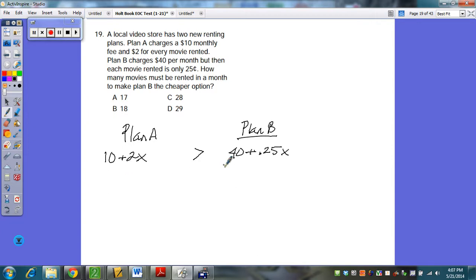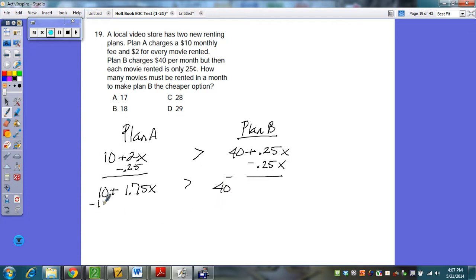Okay, so we're going to subtract the 0.25x from both sides. And I have 1.75x. We have this 10 here greater than 40.